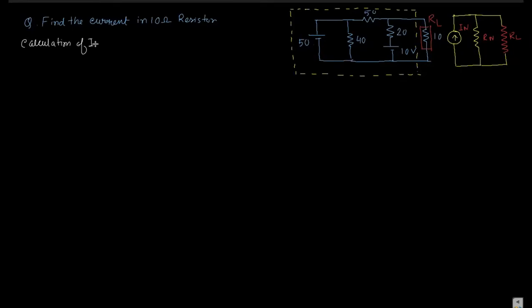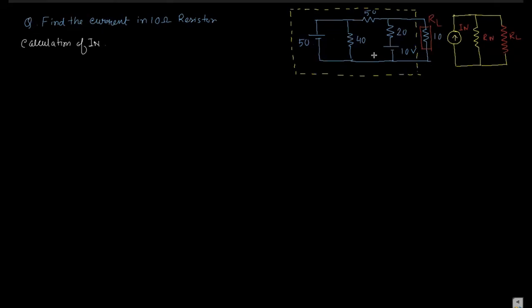Did we consider this 40 ohm resistor? How many meshes are there? 3 meshes are there: mesh 1, mesh 2, mesh 3. But is this 40 ohm resistance useful here? You can bypass this 40 ohm resistance.